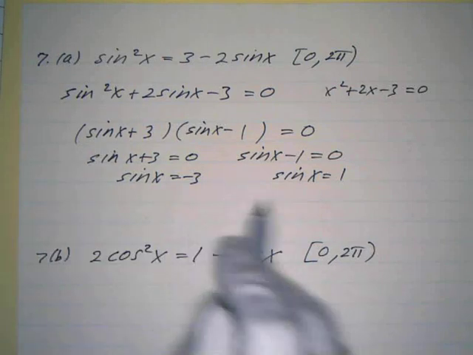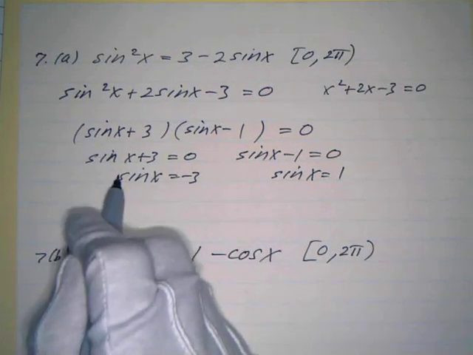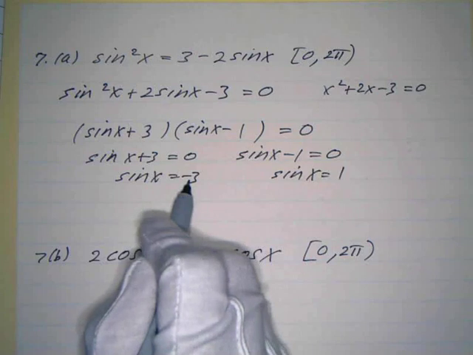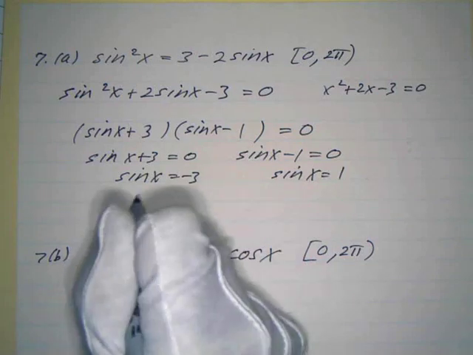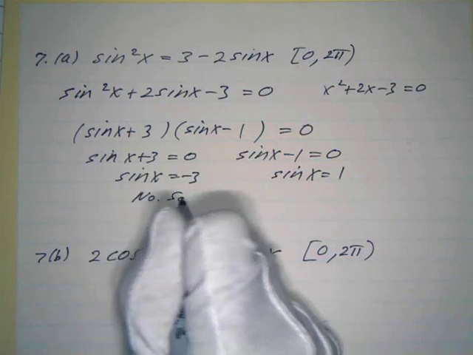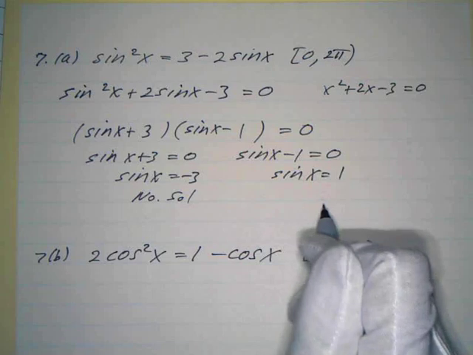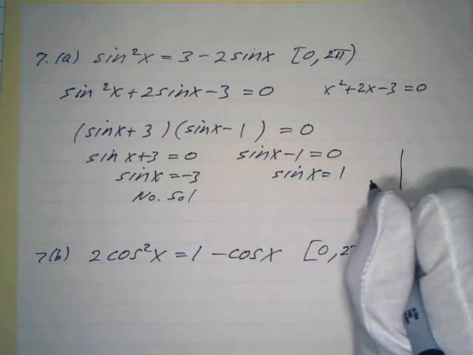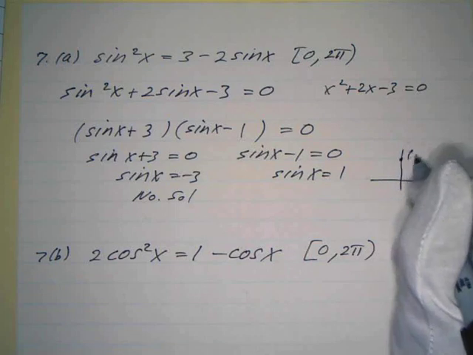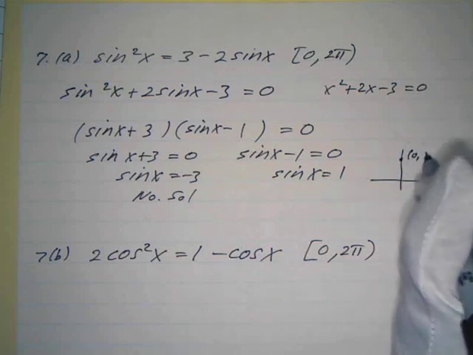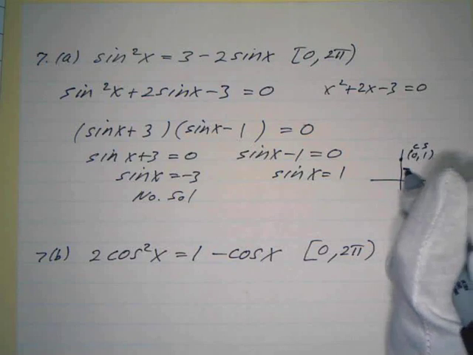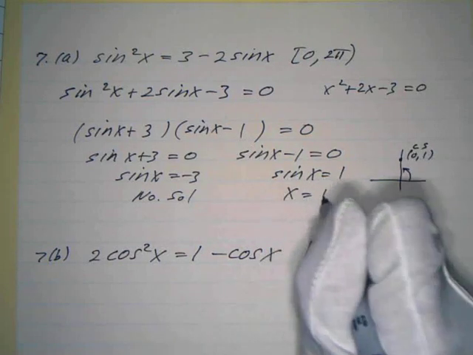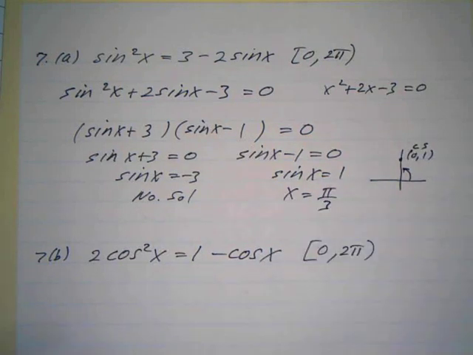Always fluctuate between plus 1 and minus 1 with an amplitude of 1, which this has, so it can't be 3. It can never be negative 3, so no solution here. And when is the sine of x equal to 1? Well, the sine of x equals 1 at pi over 2. So x equals pi over 2. That's your one solution. Oops. Pi over 2, pardon me.